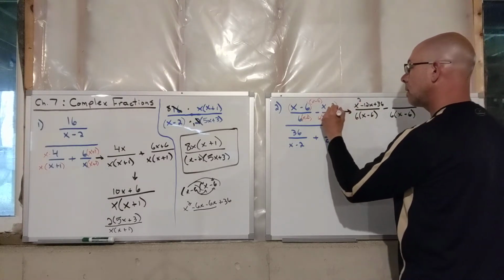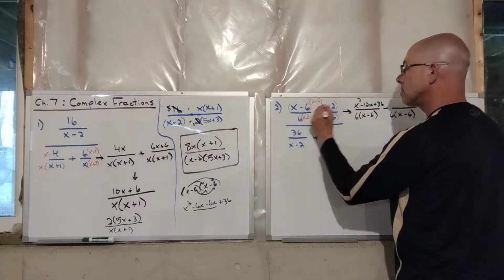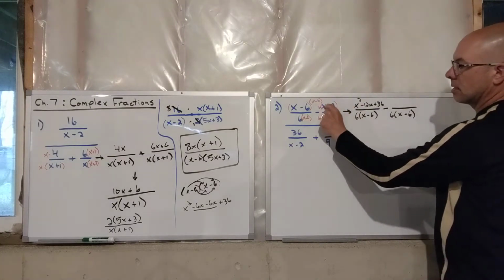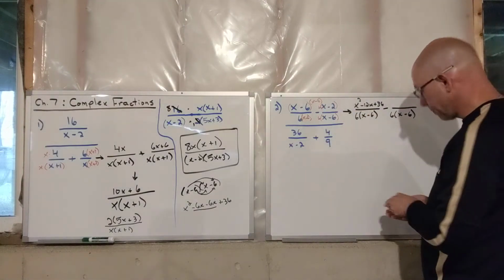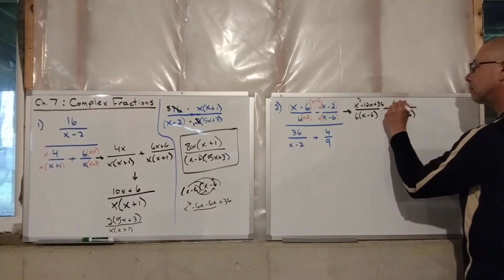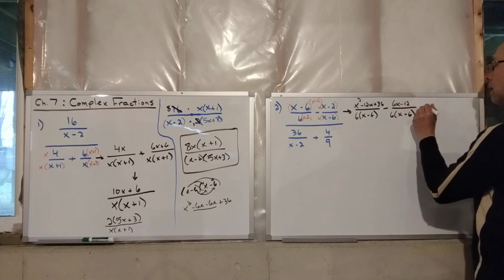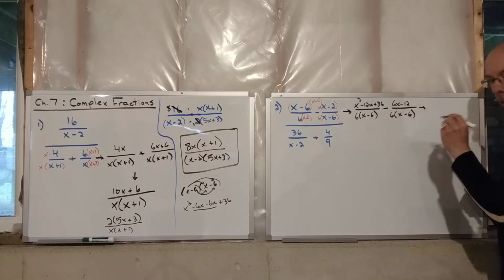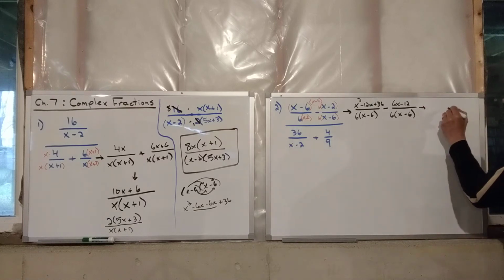So I need to times this by 6, which will be 6x minus 12. And then, continuing, again, cramp for space here, sorry guys.